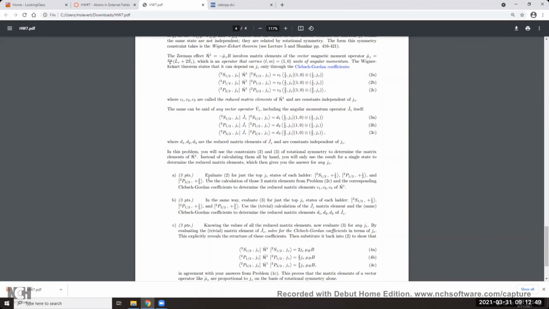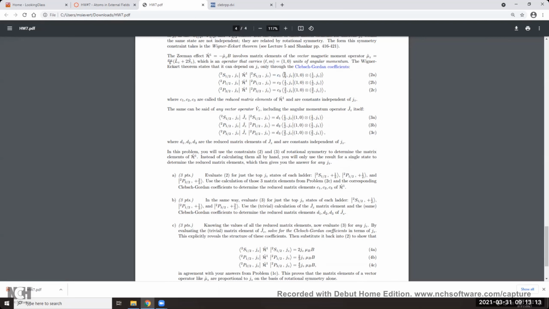Part A is just take these operators and evaluate them. Evaluate the constants C1, C2, and C3 by plugging in one particular state. You don't have to do it for all JZ. You can just do it for, say, the top state of each ladder. If you plug in your answer from the previous problem for the left-hand side, you look up the Clebsch-Gordan coefficient here, then that will let you determine what the coefficient is.